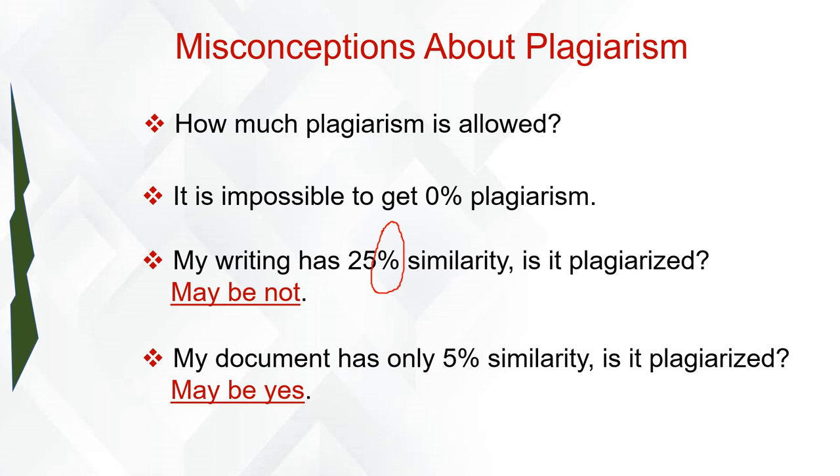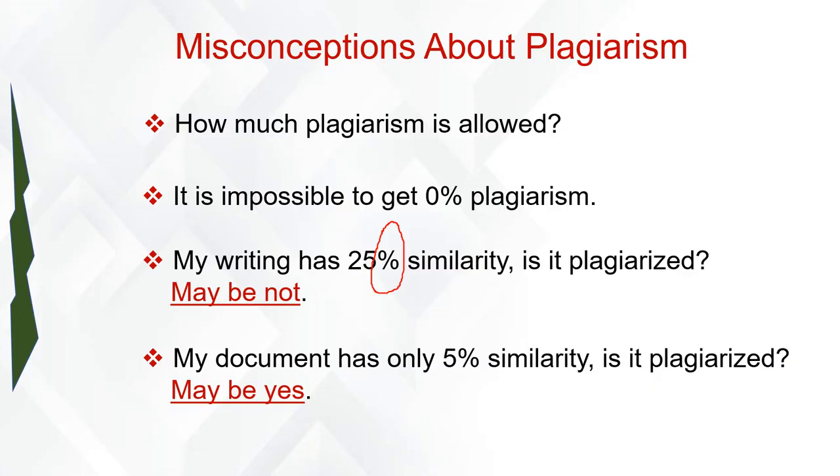In contrast, if someone says my document has only 5% similarity, is it plagiarized? Well, again, 5% is basically negligible. But again, I would say maybe that 5% similarity will plagiarize your document. As I said, it depends on a number of parameters, situations and circumstances.